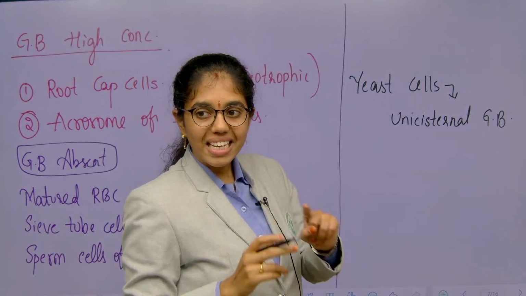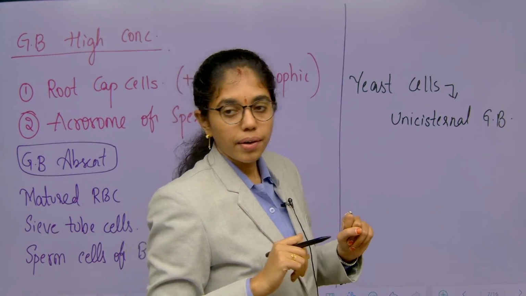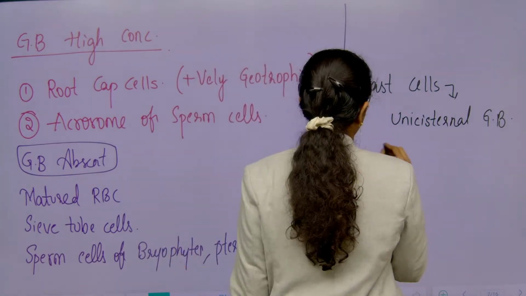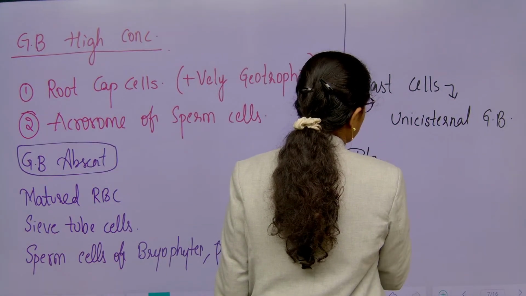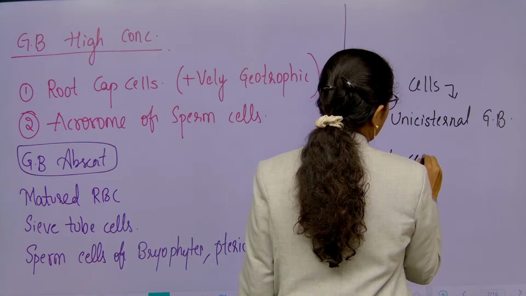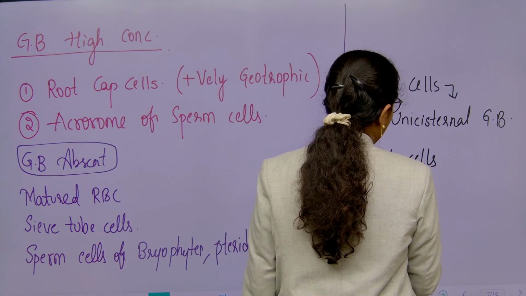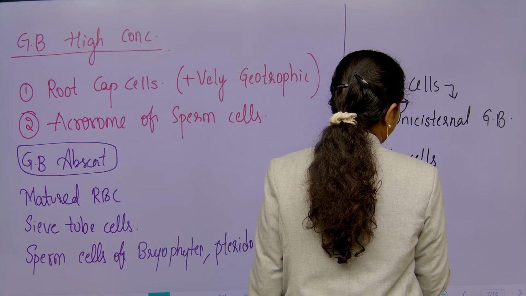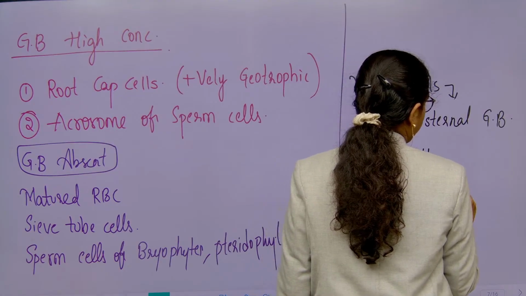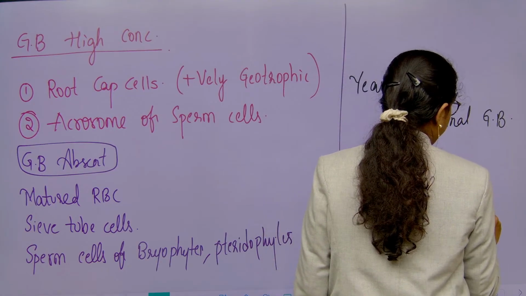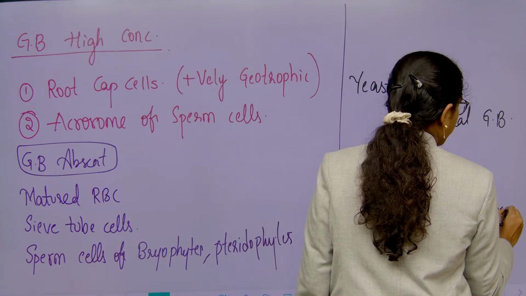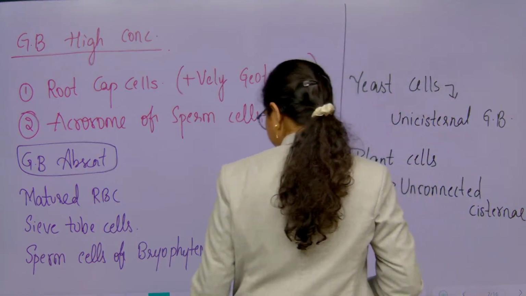Yeast cells have a single cisterna. And then plant cells, you observe unconnected cisternae, known as dictyosomes.